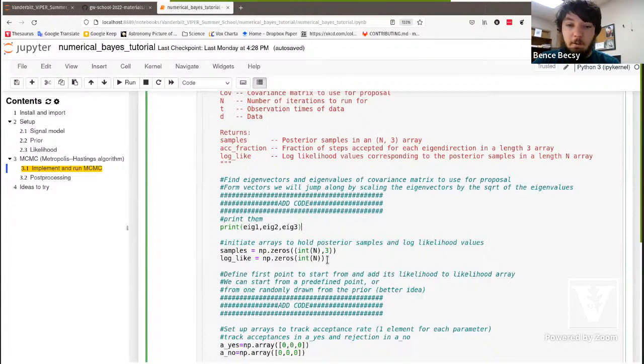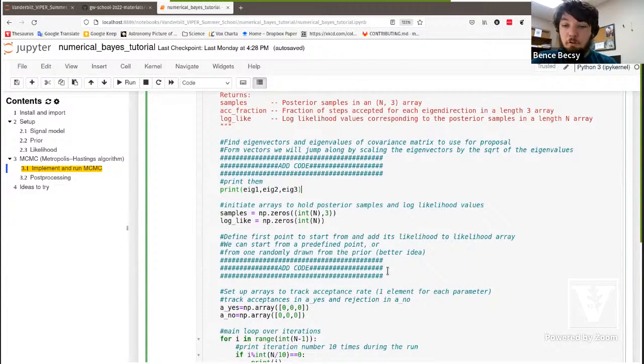Then I kept that in here. There are set up arrays for the samples and the log likelihoods to keep track of those. Then what you will need to write here is, take this samples array, and for the very first slice of it, put in an initial sample where we will start from.